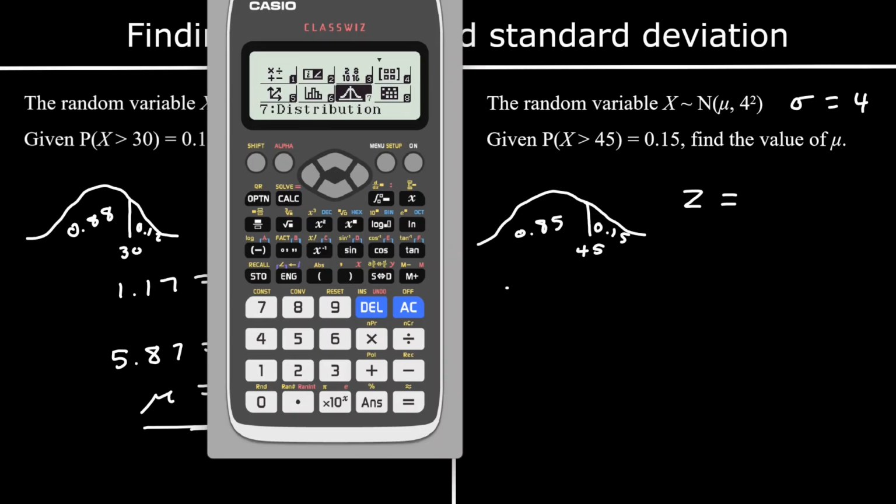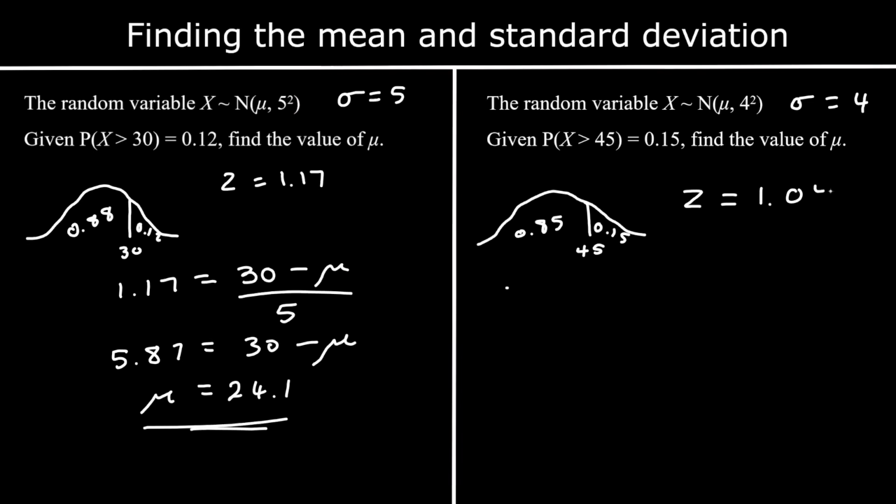So we're going to go to distribution, inverse normal. The area is 0.85 and z is 1.04. Put it into the formula. So z is x minus the mean divided by standard deviation.